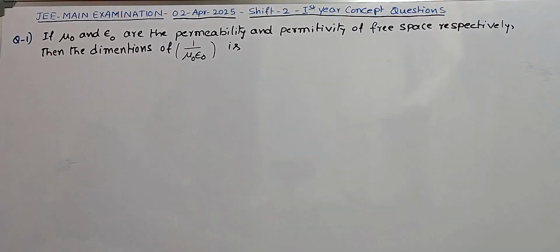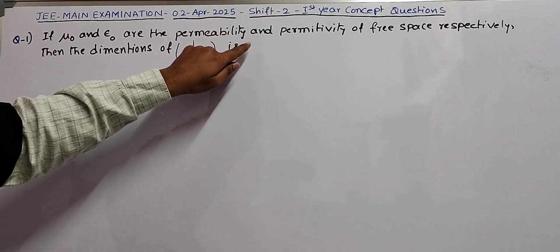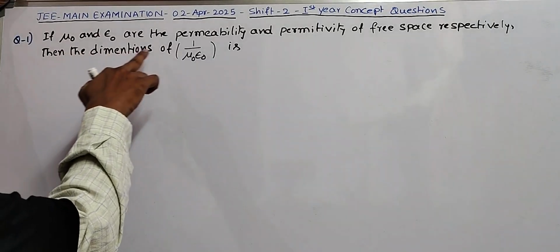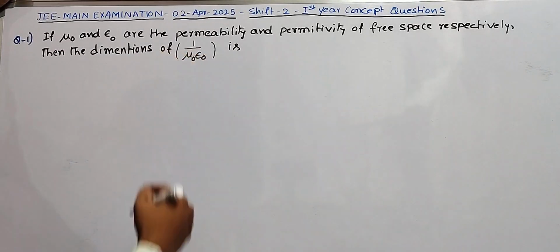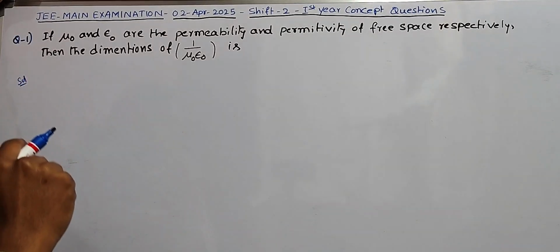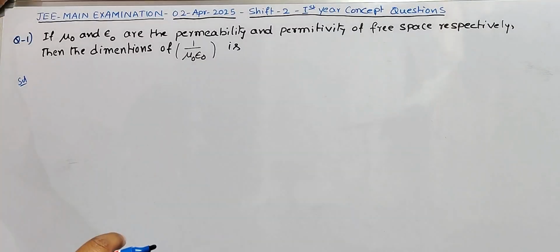So first question: if mu naught and epsilon naught are the permeability and permittivity of free space respectively, then the dimensions of 1 by mu naught epsilon naught is. From our previous knowledge, an electromagnetic wave is a resultant of electric and magnetic fields varying with respect to time.